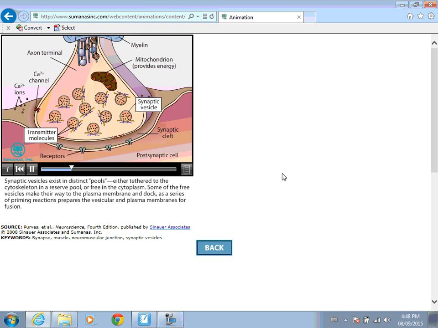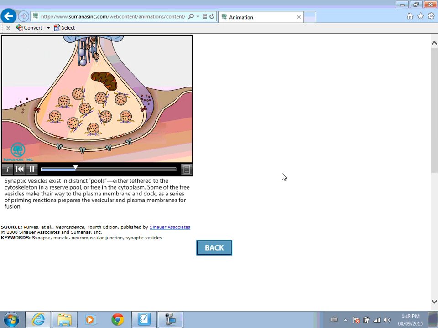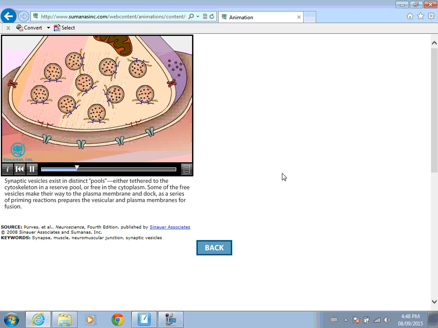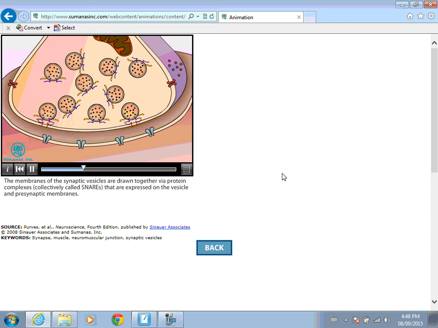Synaptic vesicles exist in distinct pools, either tethered to the cytoskeleton in a reserve pool or free in the cytoplasm. Some of the free vesicles make their way to the plasma membrane and dock as a series of priming reactions prepares the vesicular and plasma membranes for fusion. The membranes of the synaptic vesicles are drawn together via protein complexes, collectively called SNAREs, that are expressed on the vesicle and presynaptic membrane.